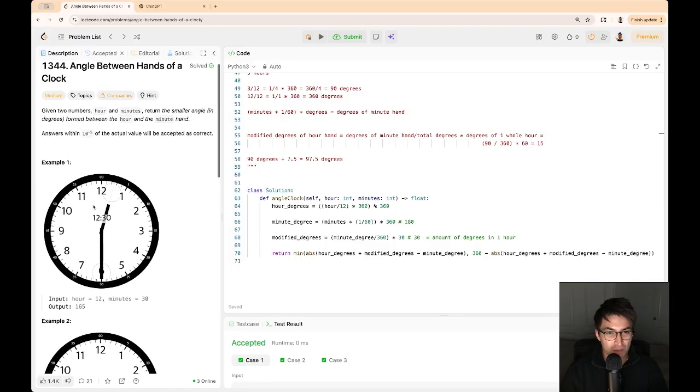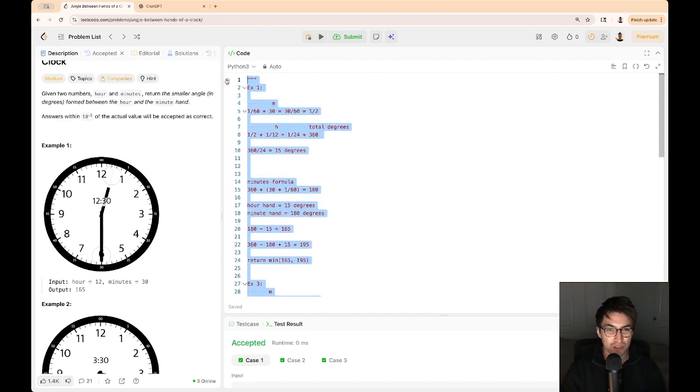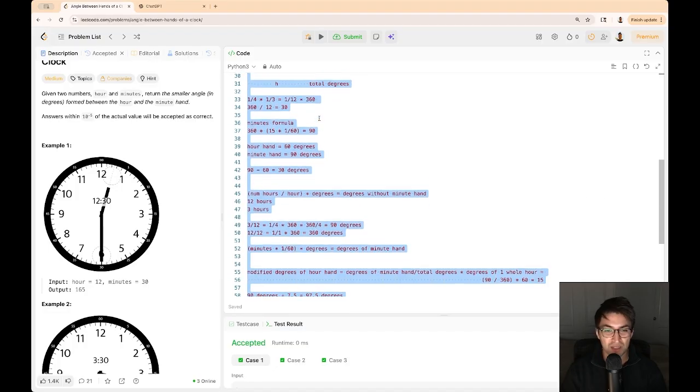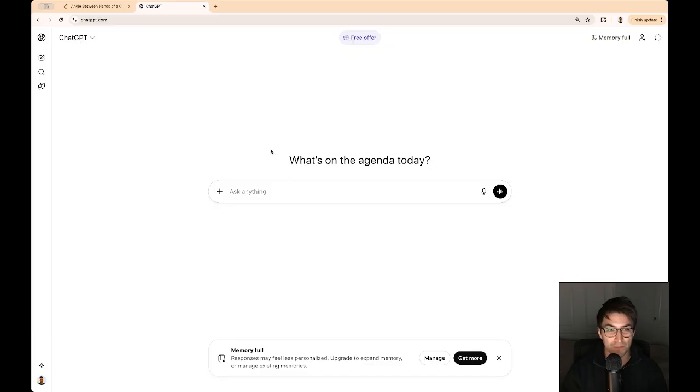So with all that in mind, let's input our solution, and I'm going to also input my notes into ChatGPT just to see if it could reformulate my notes and structure them better, or give me tips on how I could have structured them better.